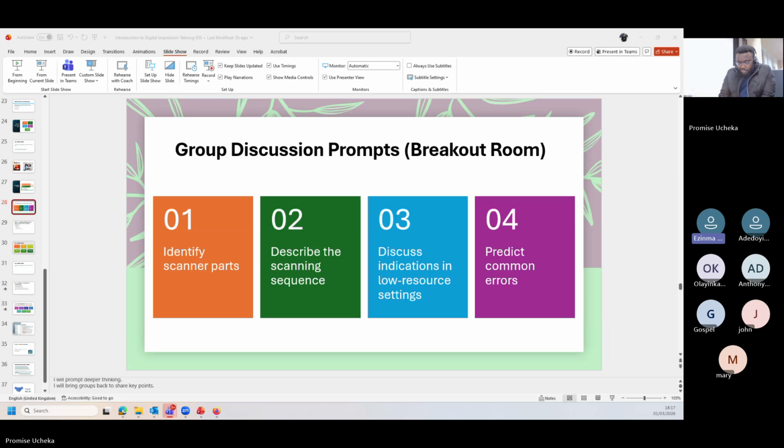Because imagine, for example, you are taking an impression in Nigeria and sending it to the UK and you have to DHL it. With the intraoral scanner, as you are taking it, you send it via email. The second person receives it immediately, in a twinkle of some seconds or minutes.